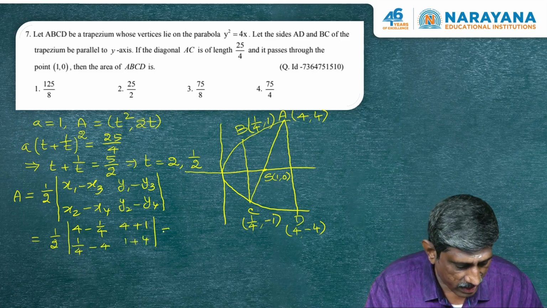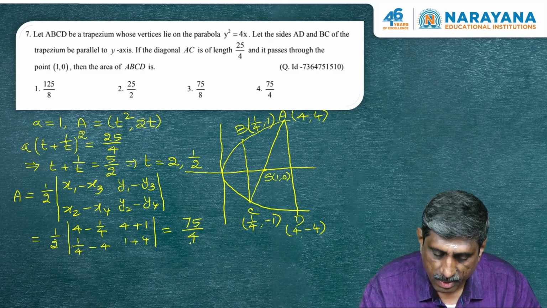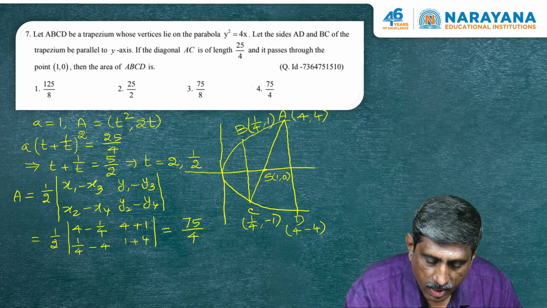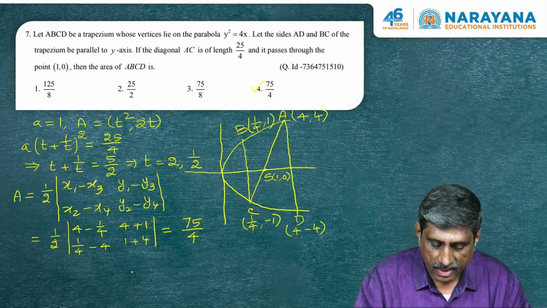On simplification, we get the answer as 75/4. Option 4 is the correct answer. A question under parabola directly.